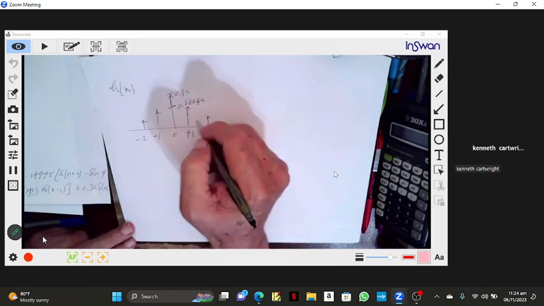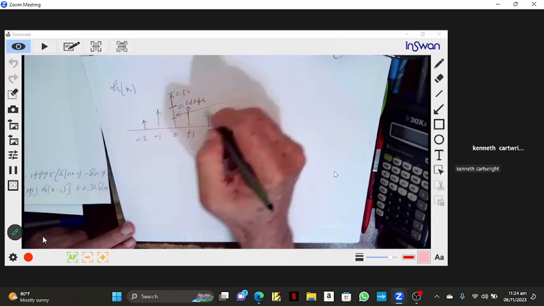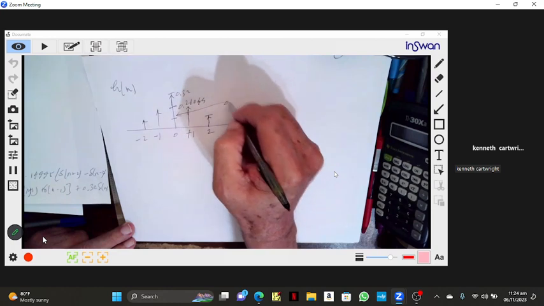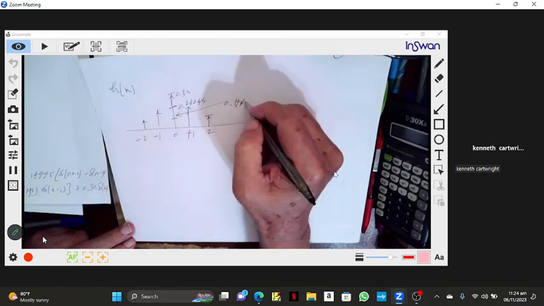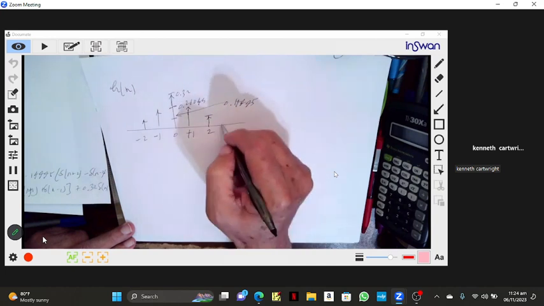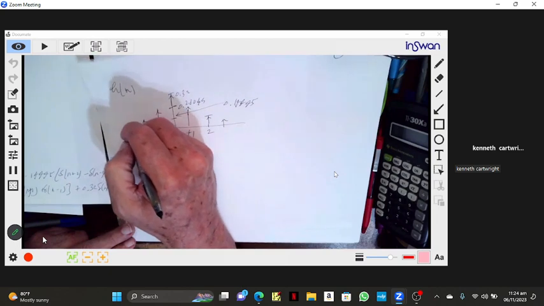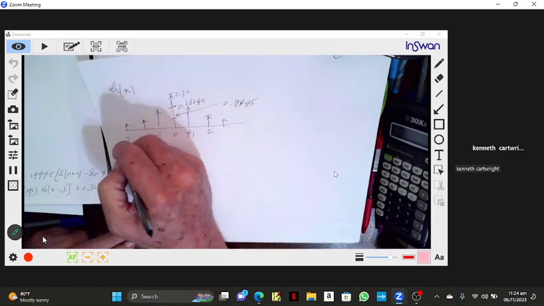And this point here, 0.14445. And then the third one, there's n.